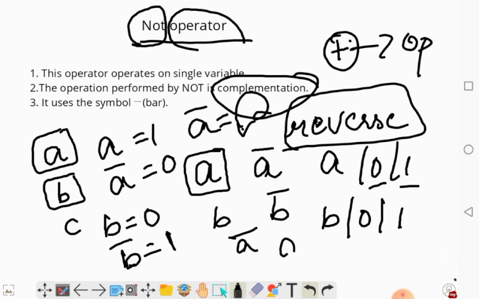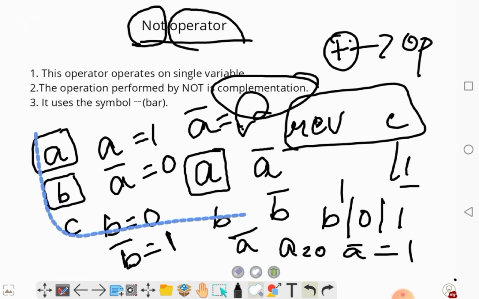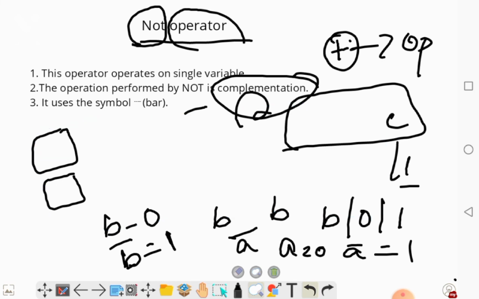If A is 0, then the value of A dash will be 1. If A is 1, then the value of A dash will be 0.